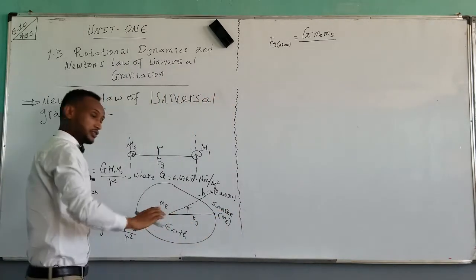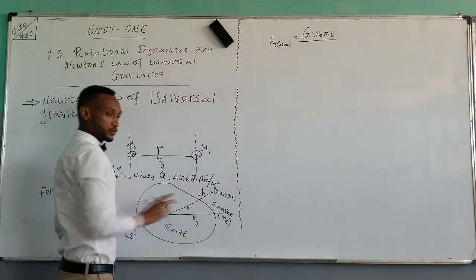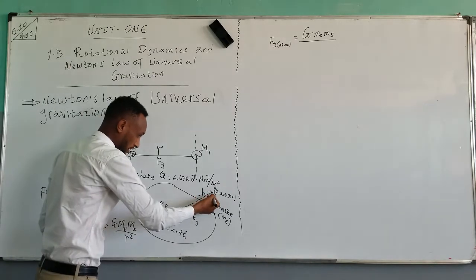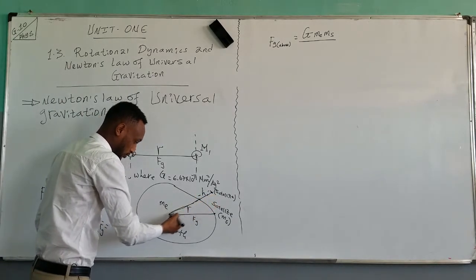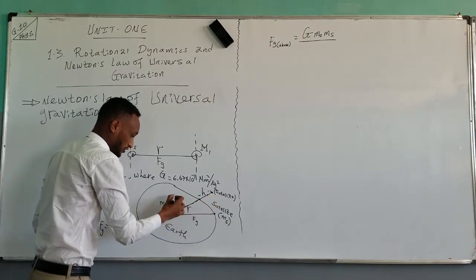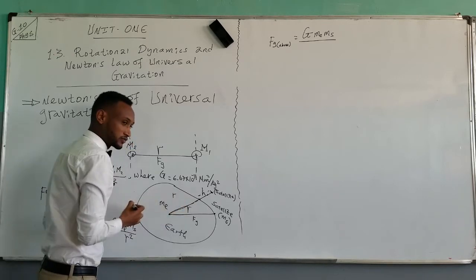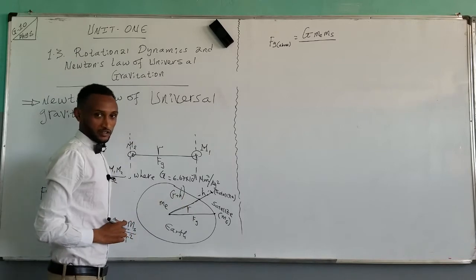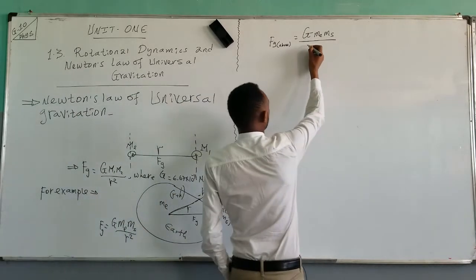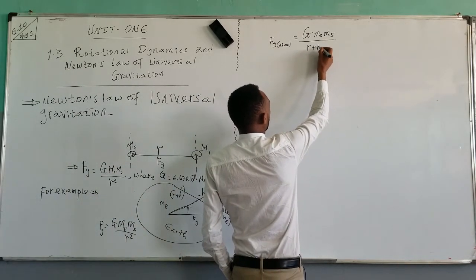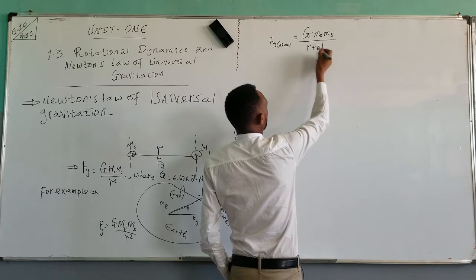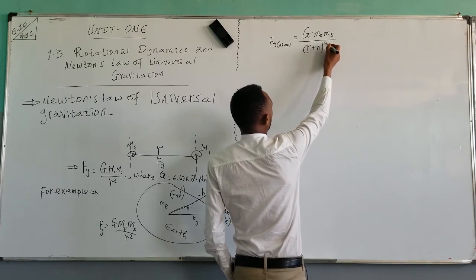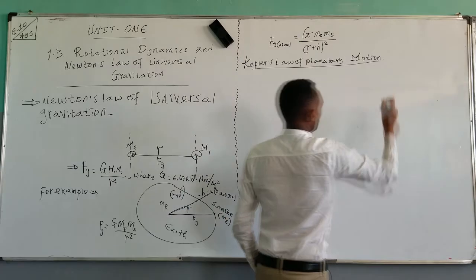Since it is above the radius of the Earth, the total distance is the radius of the Earth plus the distance above the Earth, so the radius of the Earth plus h, squared.